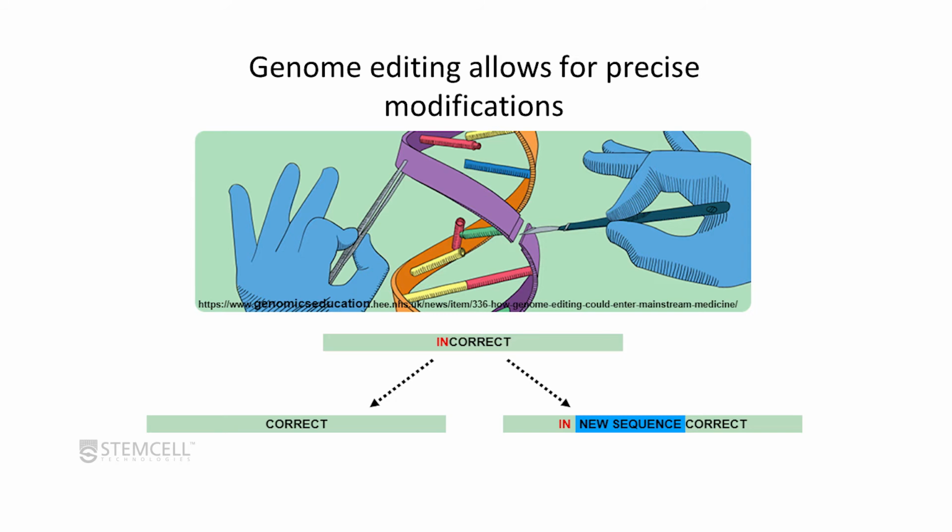And typically we think of genome editing as a tool to turn abnormal sequence, shown here as incorrect, to a normal sequence, shown here as sort of correct. But I'd like to say that, in fact, perhaps more importantly, genome editing allows us to create new sequences that sometimes can have even more therapeutic value.